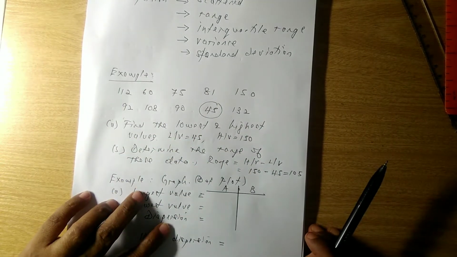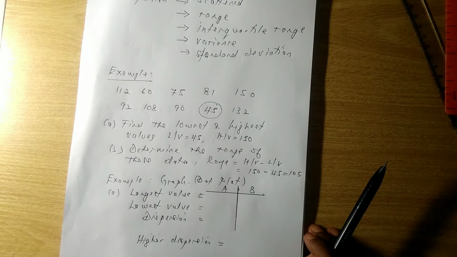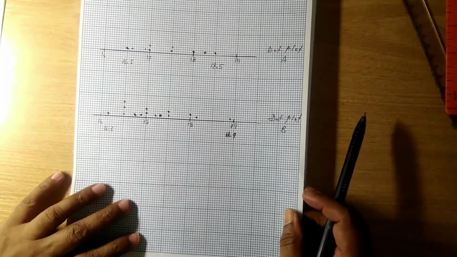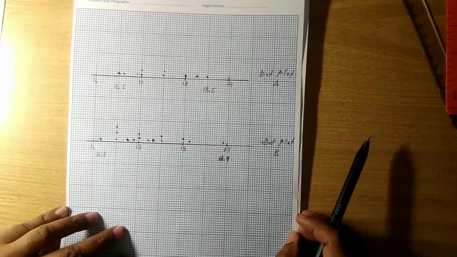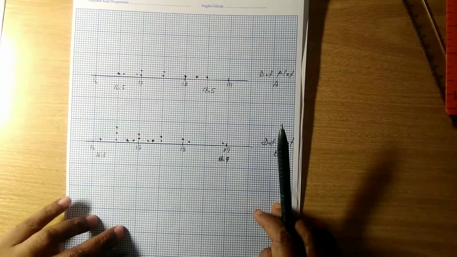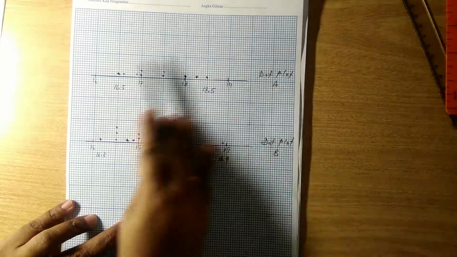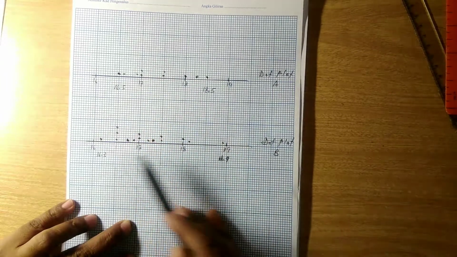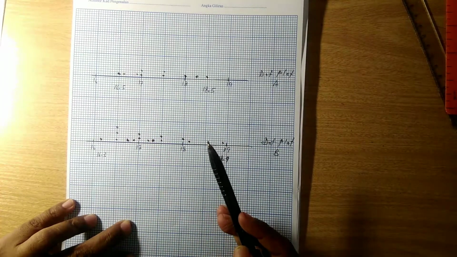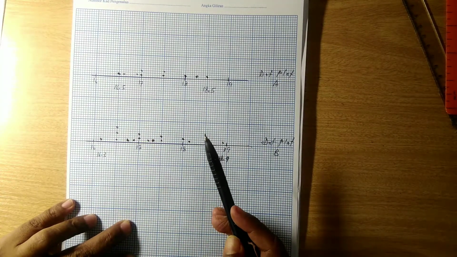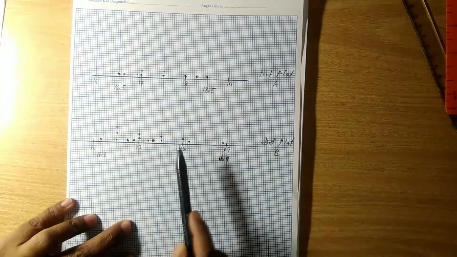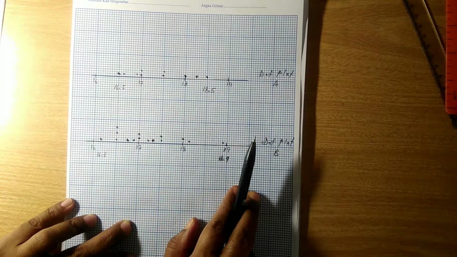Now another thing that you have seen before is something called the dot plot. This is one example of a dot plot. Now what is a dot plot? A dot plot is a statistical chart that contains points plotted using a certain uniform scale.